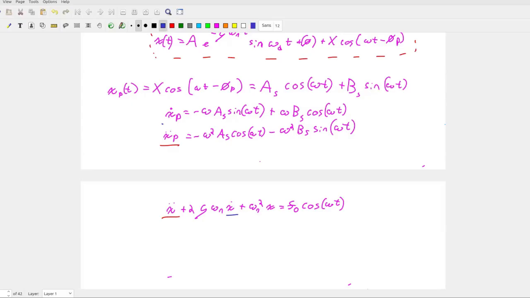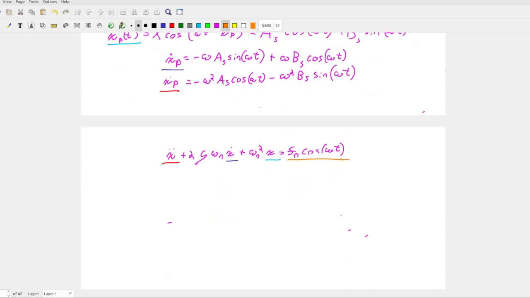I get x dot, which comes from here. And I get x, which comes from here, equal to my generic f naught cosine of omega t, right? So we can easily rewrite all of that. That's not too hard. And then we can do a little bit of rearranging.